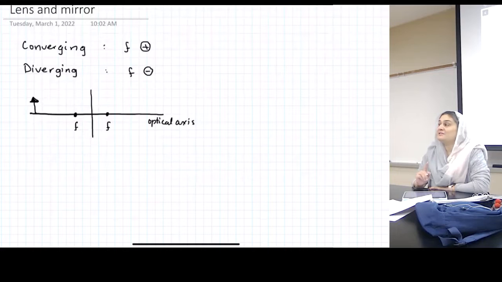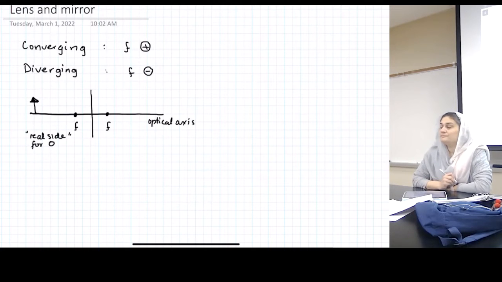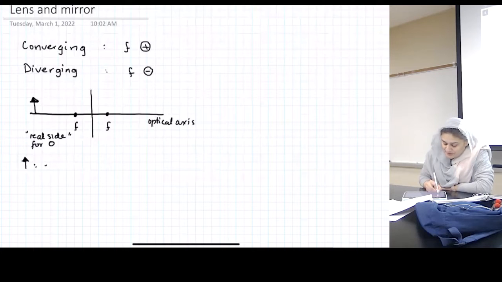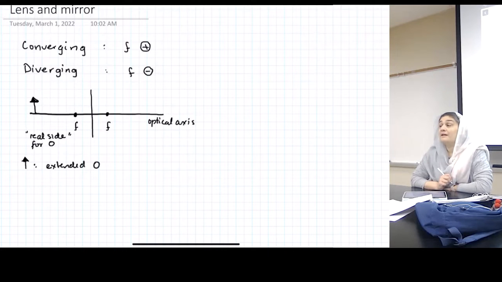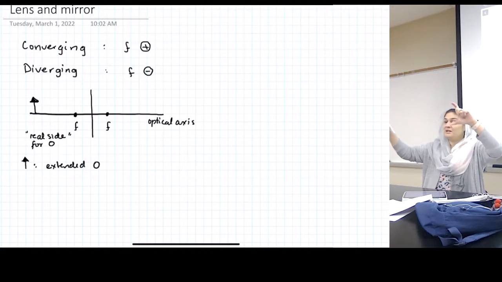When I say the object is placed in front, that means it's placed on the left side, and this is called the real side for object O. If the object is drawn like this, it's called an extended object, and it will give you an extended image. Basically, an extended object has a height, and it will give you an image that also has a height.